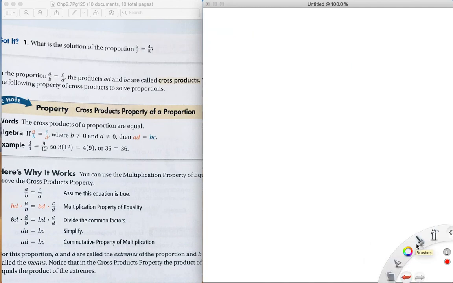Another way to solve these types of problems is to know the property of cross products or cross multiplying. If I have a ratio, a over b, and then I have a proportion, c over d. Let's say I don't want to have these fractions. I want to get rid of the denominators.